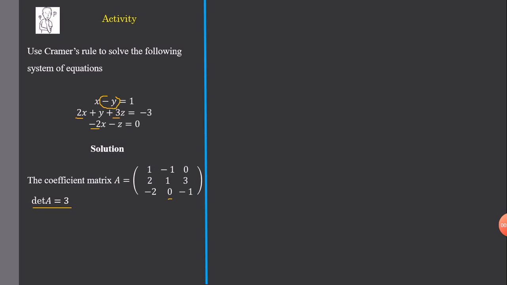If you are not sure on how to find the determinant, we are going to do it quickly here. We are going to consider the first row.